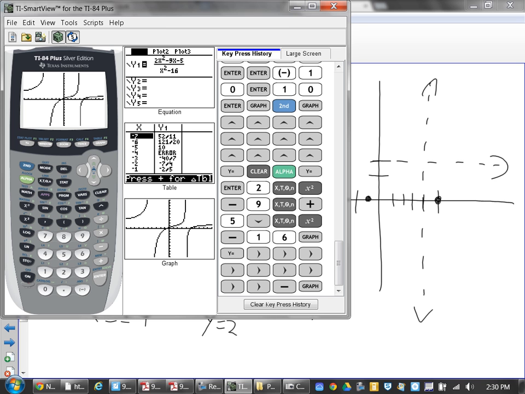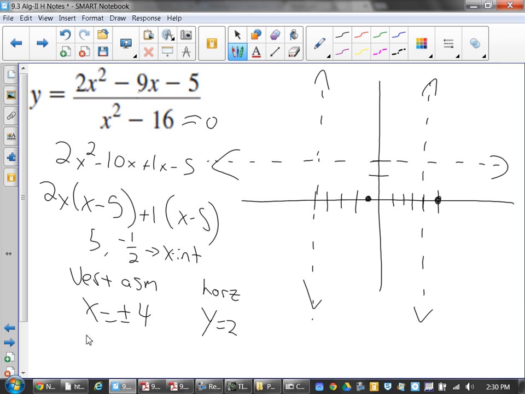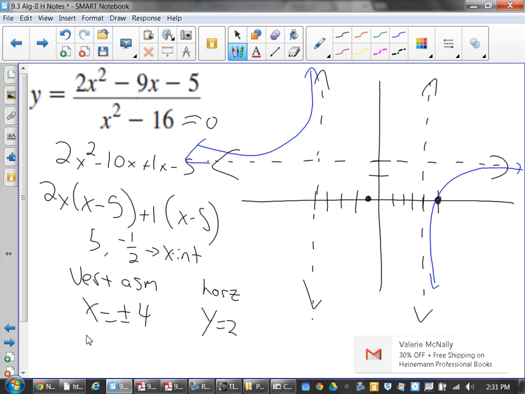Now, in this case here, you get this funky looking thing where the tails of the graph appear to be following the rules of your asymptote. Your tails are following the rules, but it's that kid in the middle, that middle child syndrome. Hey, middle child, you just need to stop.